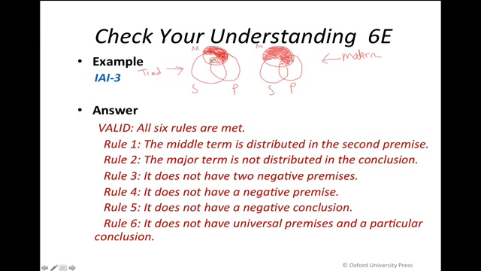We've tested it by the rules of the syllogism and by the Venn diagram method. So you can see that we're building a really robust system, or we're learning how that system is built.